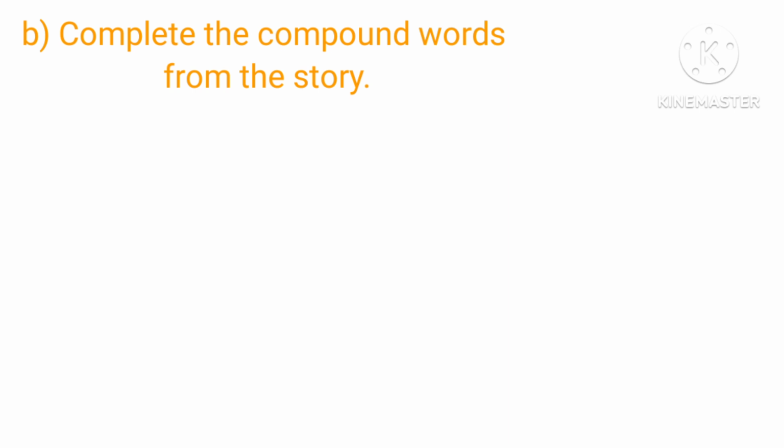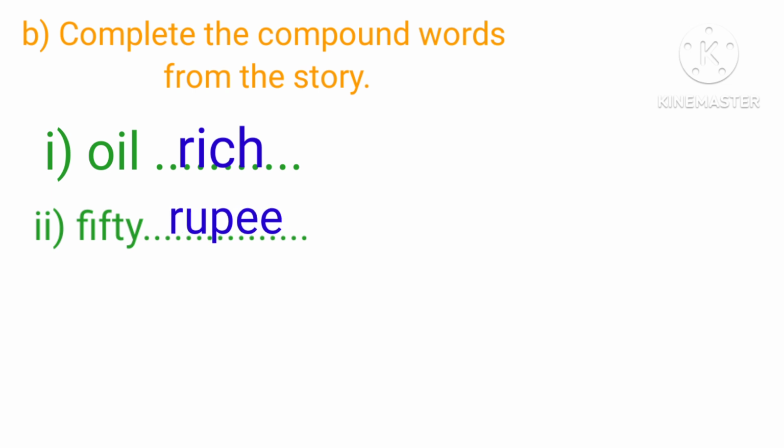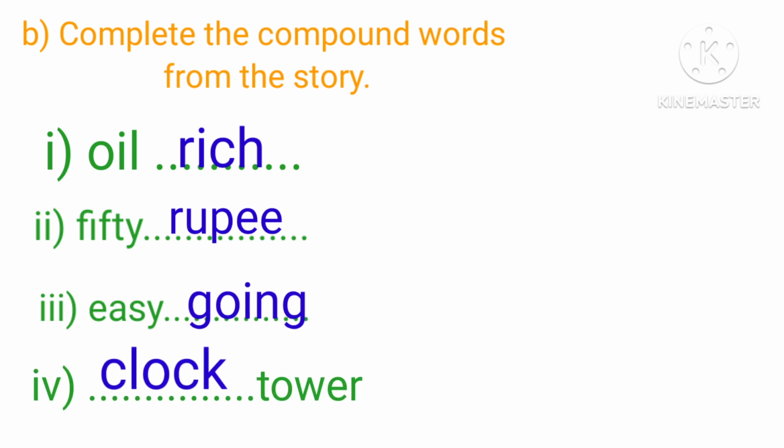B: Complete the compound words from the story. Oil blank, here we will write oil rich. Second, 50 blank, 50 rupee. Easy blank, easygoing. Fourth, blank tower, clock tower.